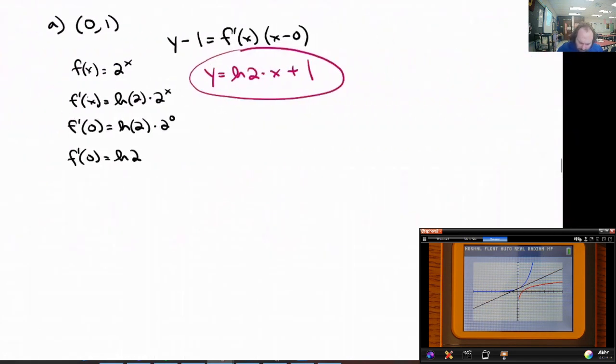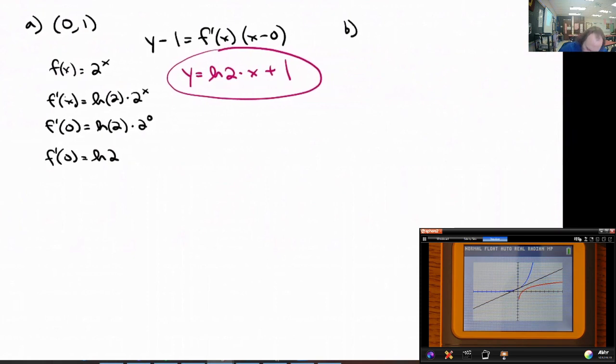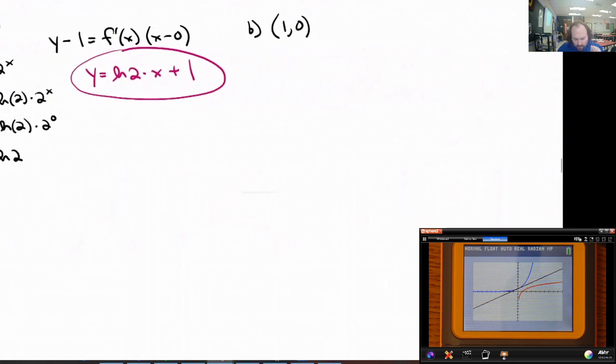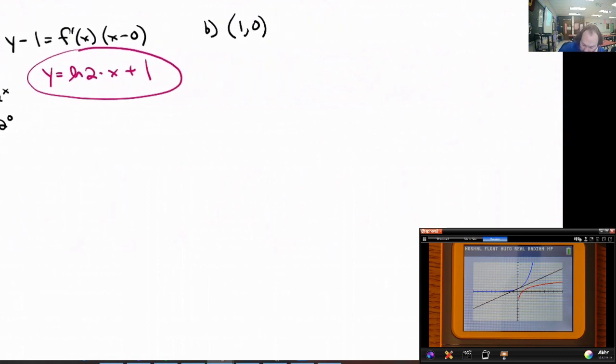So if we're going to put our point-slope form together, it's going to be y minus 0 equals the derivative, or the slope of the tangent line, times x minus 1. Now this is going to be kind of tricky, because the question is, how do we get the slope of that line?